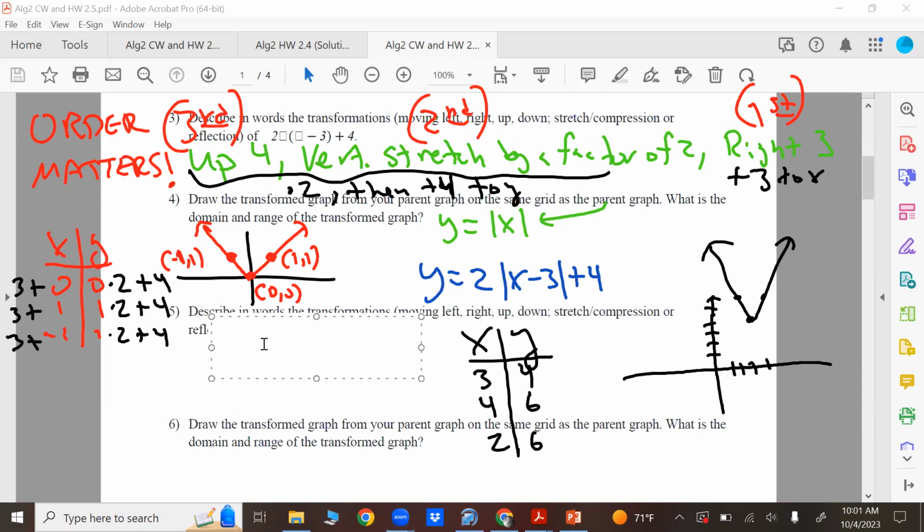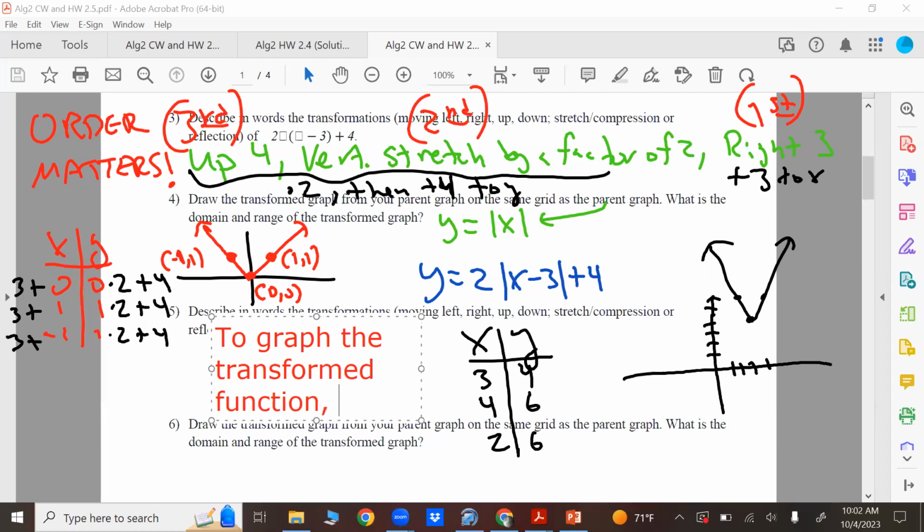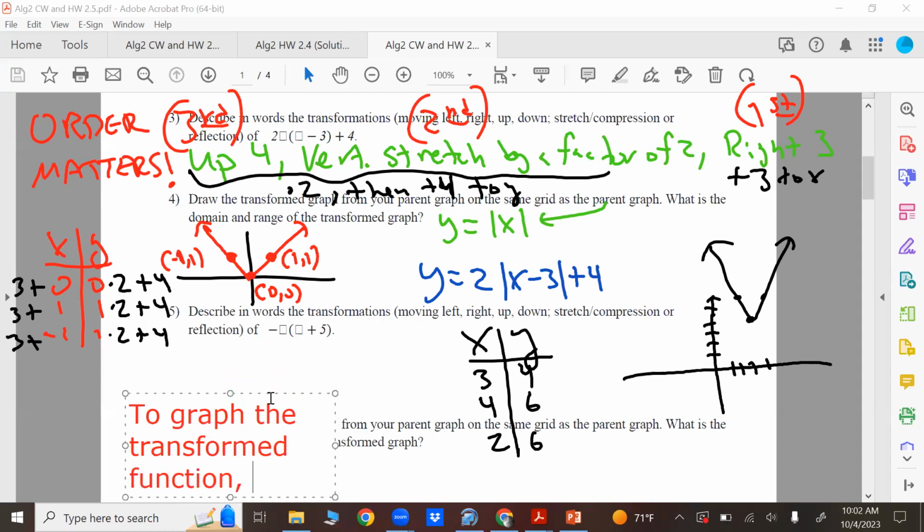Let's go 36. To graph the transformed function, adjust the table for the parent function.